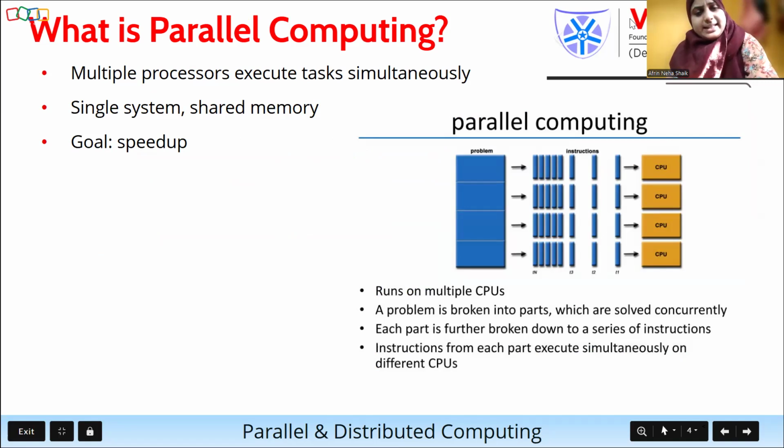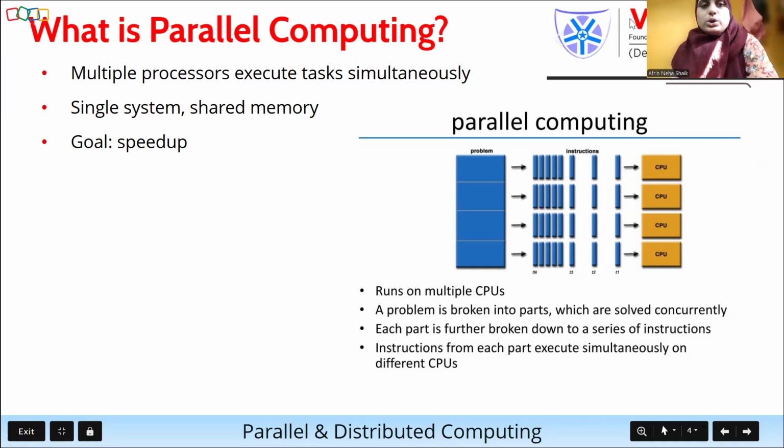The main characteristics are shared memory architecture, second, tight coupling between the processors, and communication via shared memory, as we can see in the diagram in the slide. What is the goal here? To achieve speedup along with reduction in execution time. So the parallel computing conclusion is that it focuses on performance within one machine.